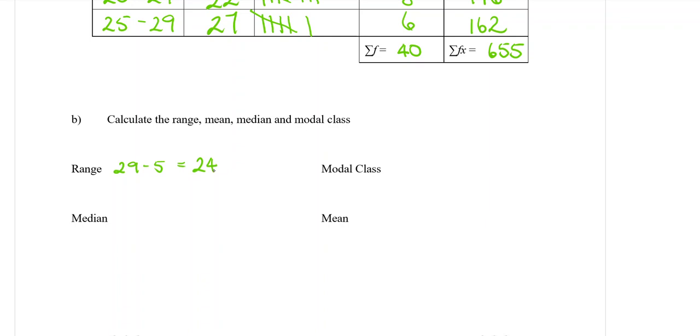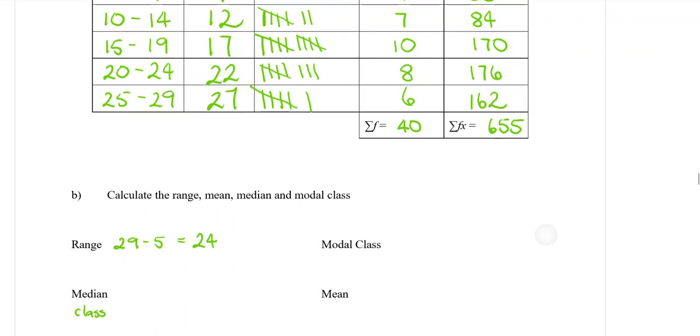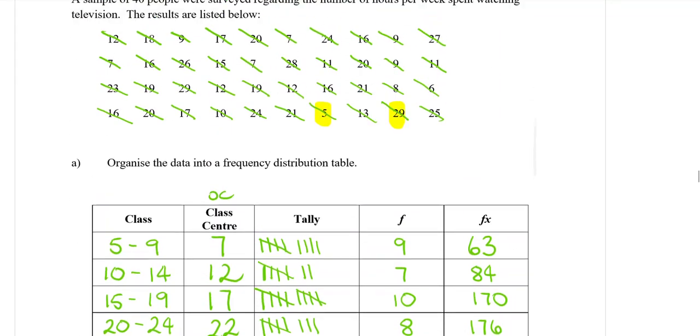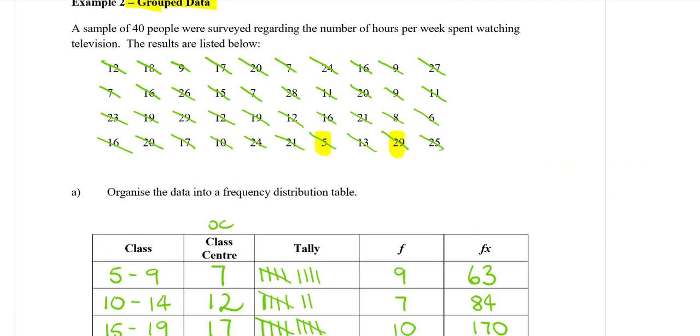The median is the middle, and in here this is going to be a median class. Without putting every single one of those 40 numbers in order from smallest to largest, we can find the middle tally position, but because we put them into classes, we don't have each individual score anymore.